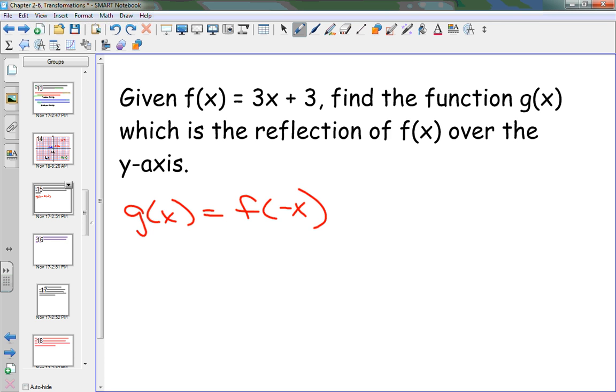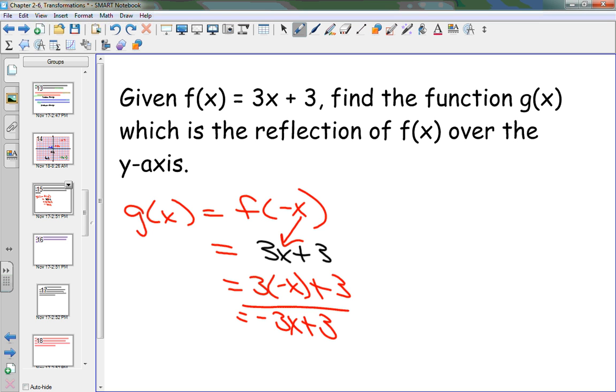Negative x. My function is 3x plus 3, so I'm going to replace that x with a negative x to give me -3x plus 3. That is a reflection over the y-axis. Do we get that? That's what g of x is.